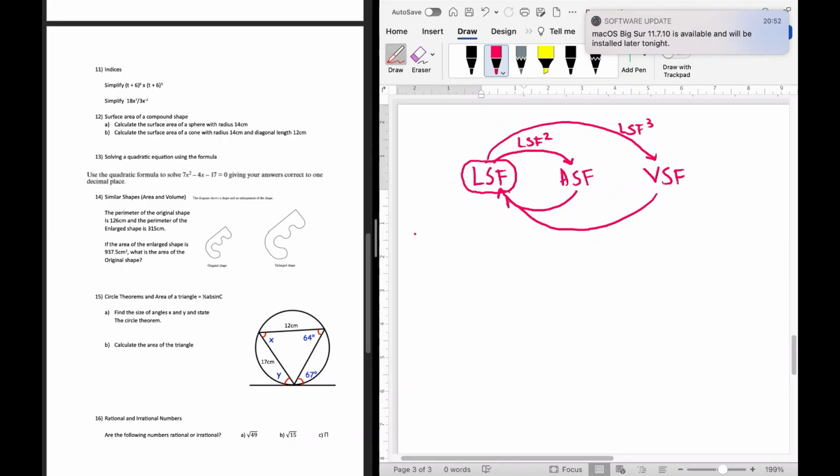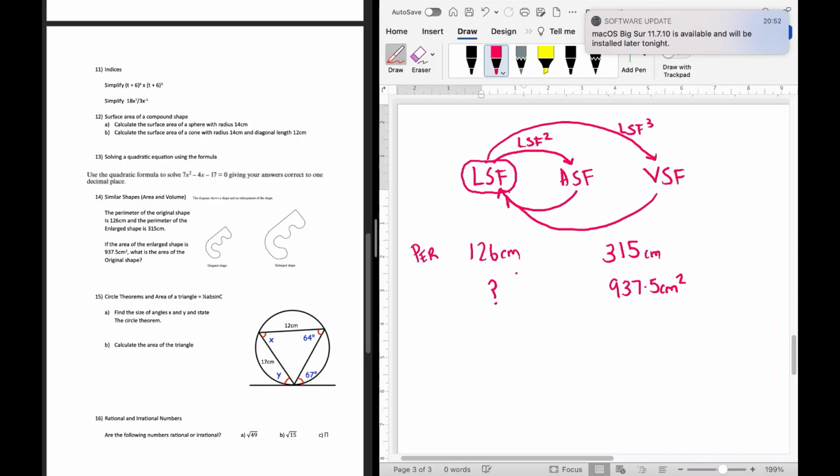We are told that the perimeter of the original shape is 126. That's the perimeter. And the perimeter of the larger shape is 315. These are both in centimeters. These are both lengths. We're then in the second paragraph told that the area of the enlarged shape is 937.5 centimeters squared, and we want to know that.